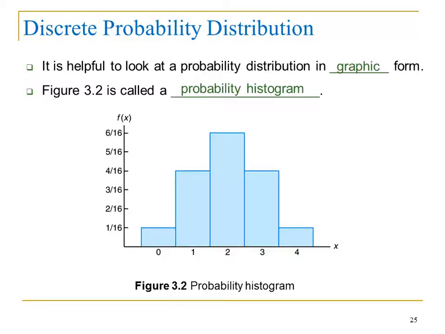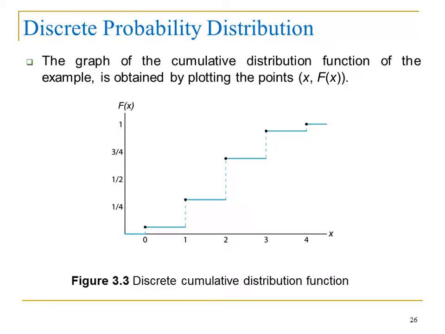Now, when you draw this figure using the cumulative distribution, this is how the figure is going to look. Now we have the steps. And the reason for those steps is because you are accumulating the probabilities for each outcome. So you start with 1/16 here. And once you get to 1, then you need to add this probability plus the probability for 1.